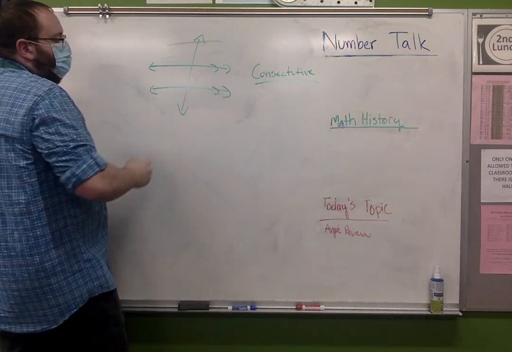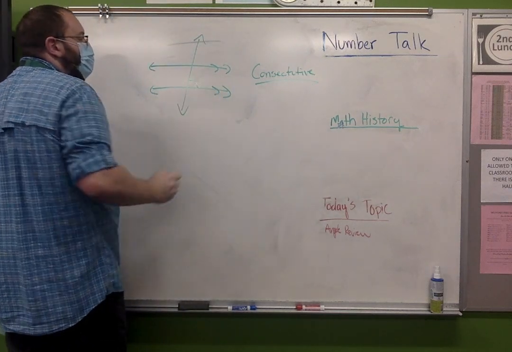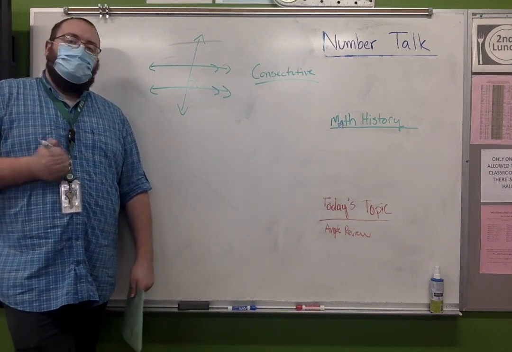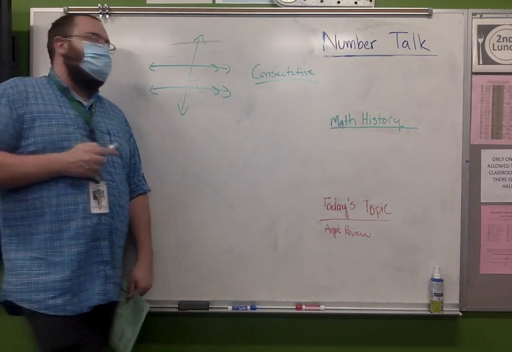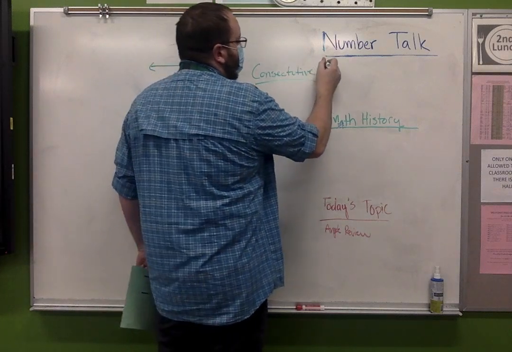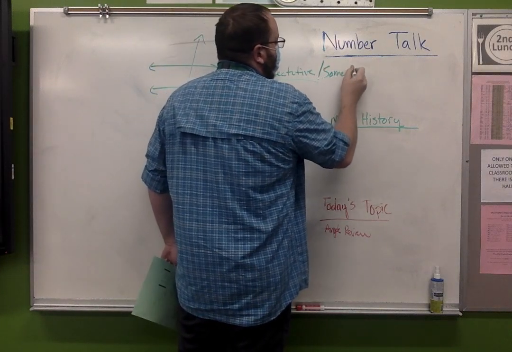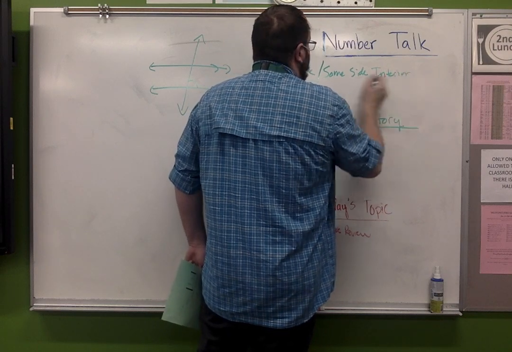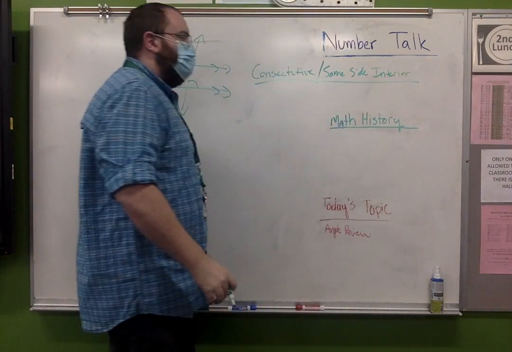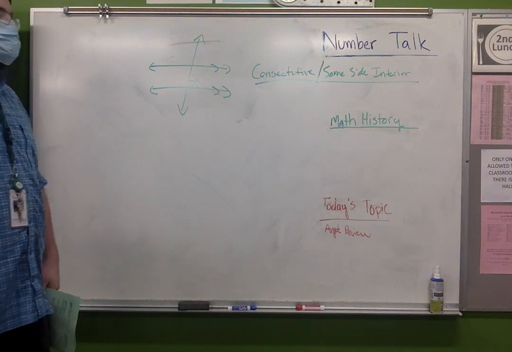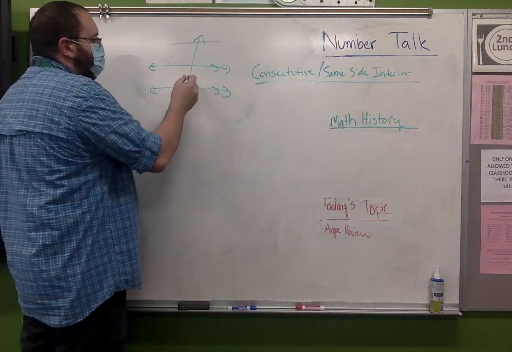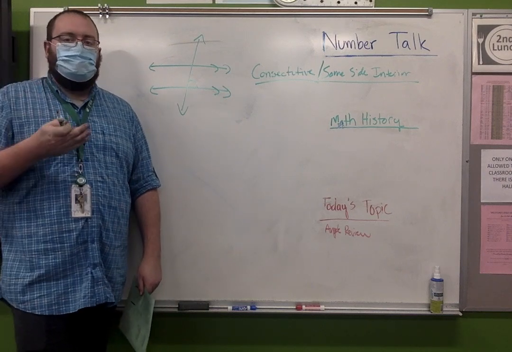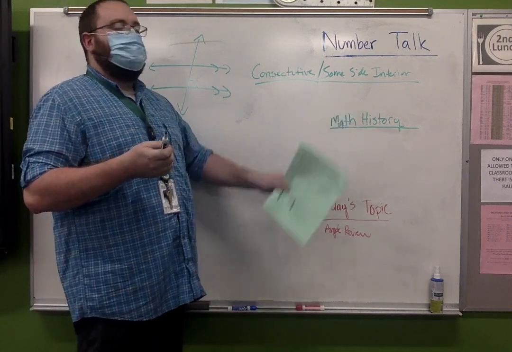Another word you probably heard that was probably used instead of consecutive is same side interior. You might have heard that one instead of consecutive. Either one, you can say either one, I don't care. I was taught consecutive, so that's the one I think of first. But like I said, another way of saying it is same side interior.